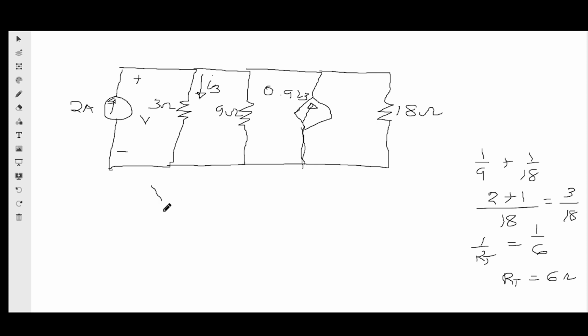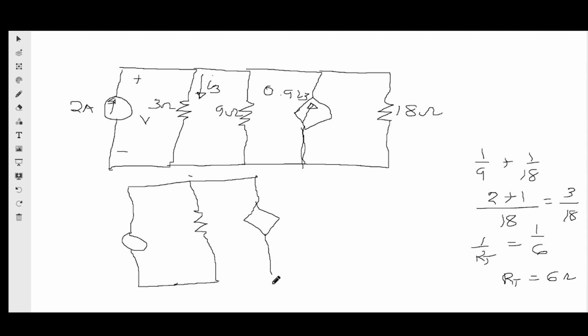So if I redraw the circuit, I will be having 2 amperes here, then the 3 ohm resistor, then I have the 0.9 I3 dependent source, and of course the 6 ohm equivalent resistor.